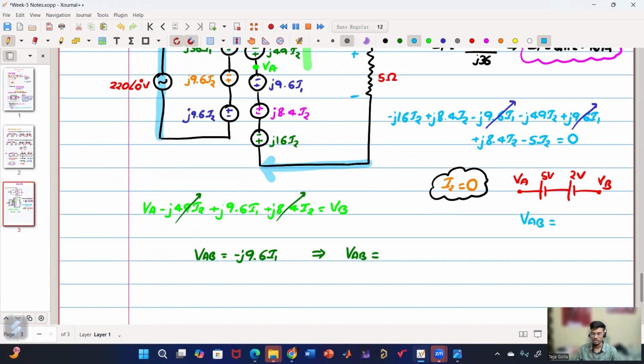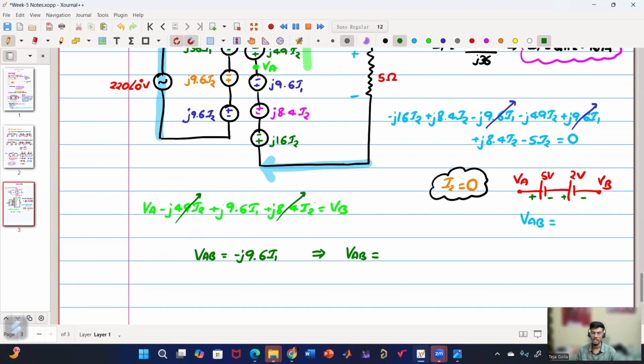Just minus 7. Is VA at higher potential or VB at higher potential? VA. So VAB will be what? Minus 7 volt. If VA is at higher potential, how can VAB be minus 7? VA with respect to VB.